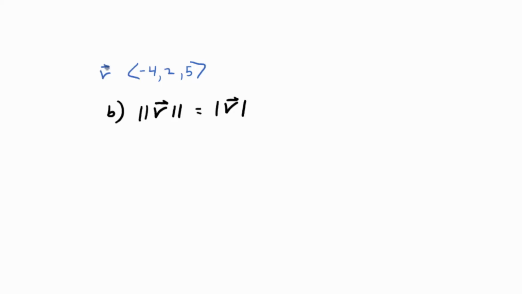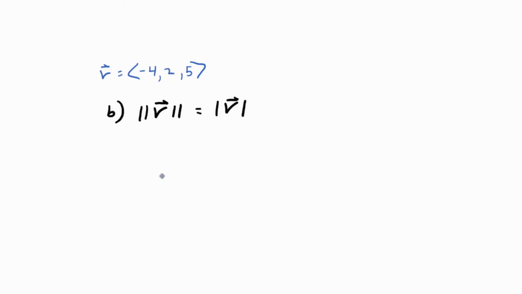Do you think finding the magnitude is going to be a whole lot different? No, because of the distance formula that we've developed for the distance between 2 points. You can essentially use that to have a three-dimensional version of the Pythagorean theorem, which gives us the length of a vector.